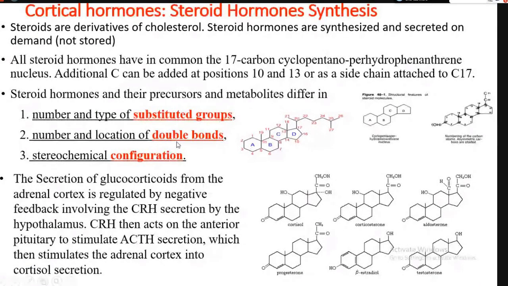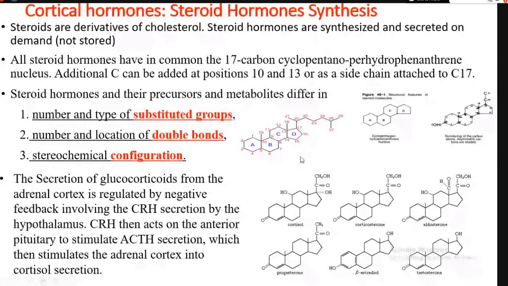Okay? So these are the things in the chemistry of the steroid, these points are very important. So substituted group, I have said already, aldehyde group somewhere, some acetate group here, OH group here and there. So this is substituted group.